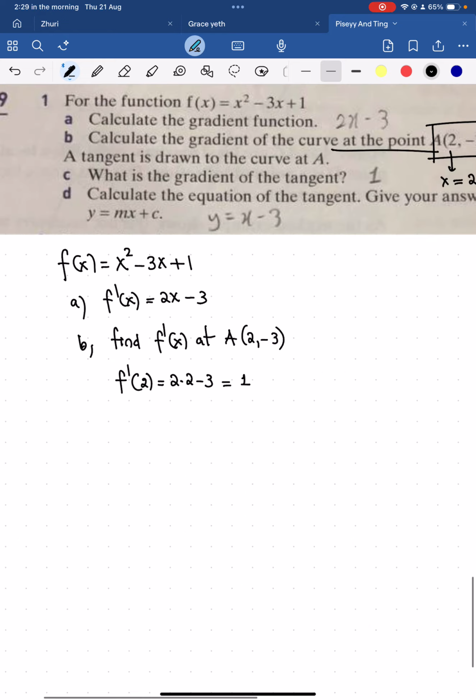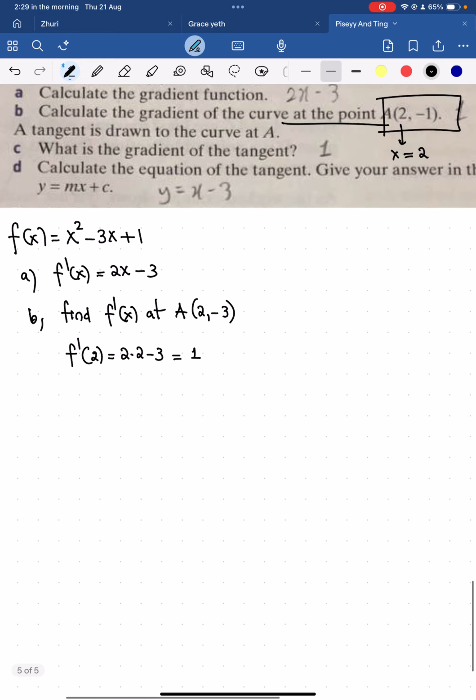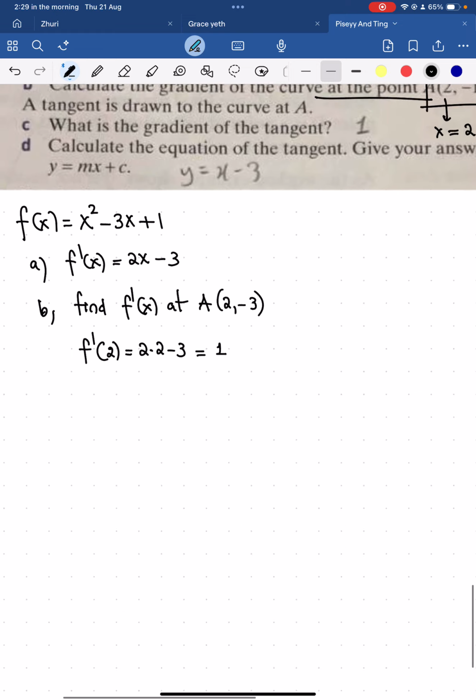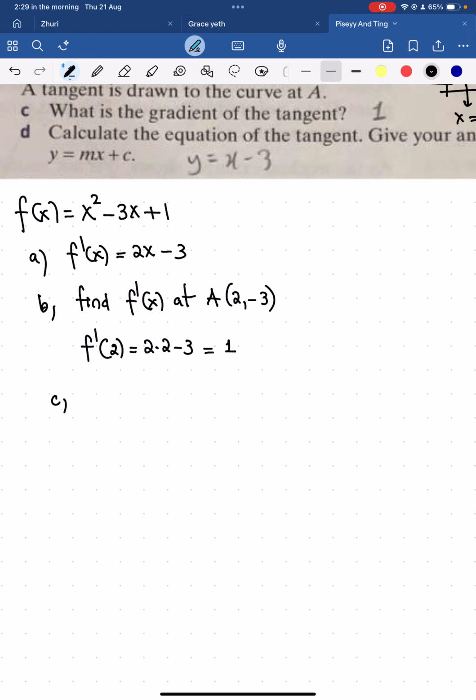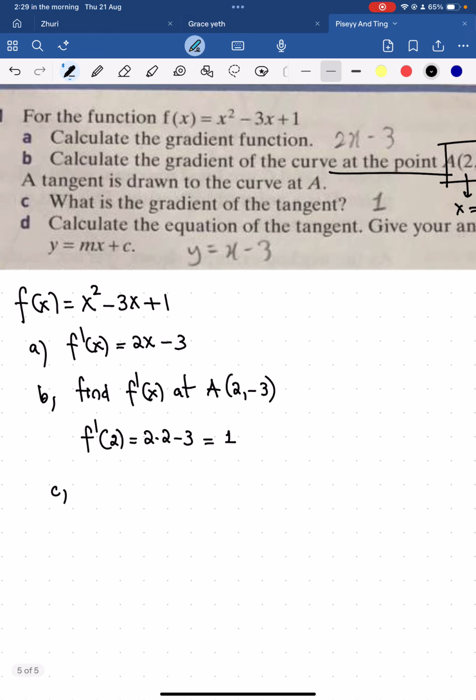That's it for b. A tangent is drawn to the curve at A. What is the gradient of the tangent? Calculate the gradient of the curve at a point. The tangent is drawn to the curve at A. What is the gradient of the tangent? It is 1. From b, they want us to calculate the gradient at A, and from c, what is the gradient of the tangent at A?